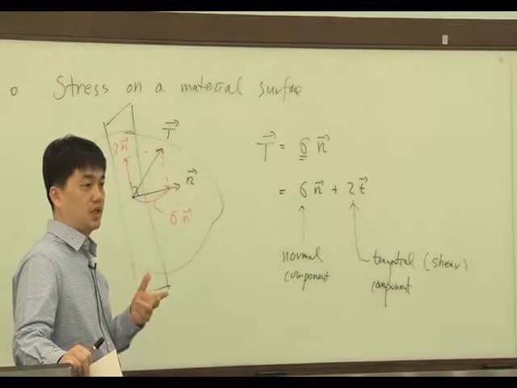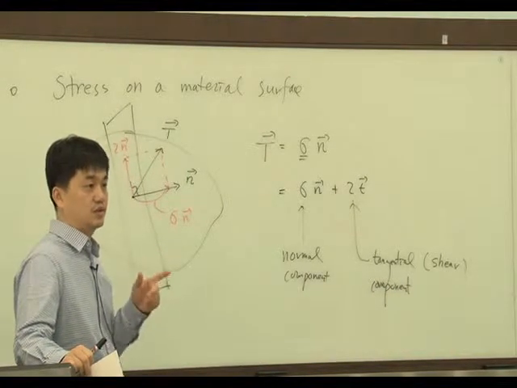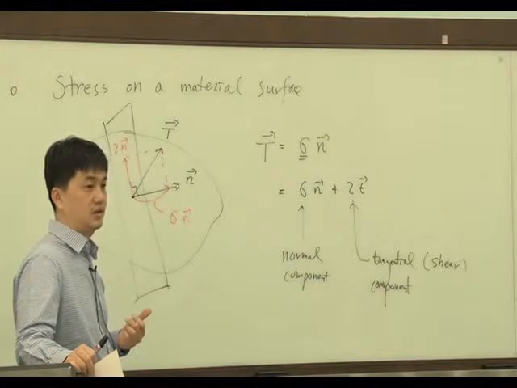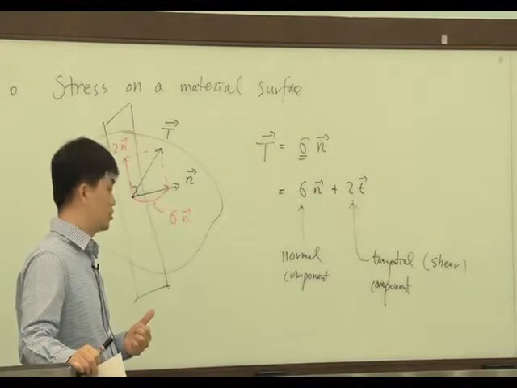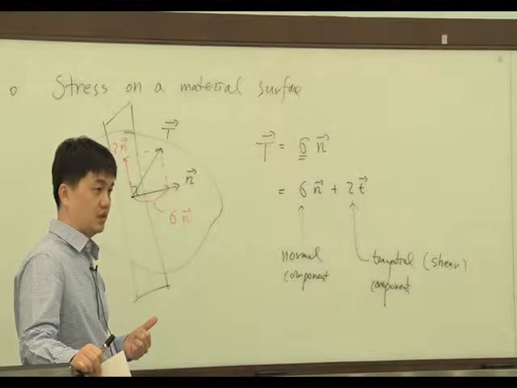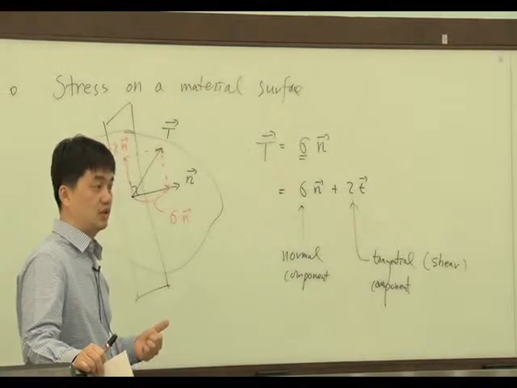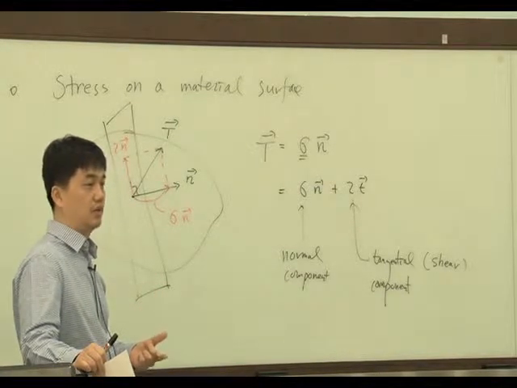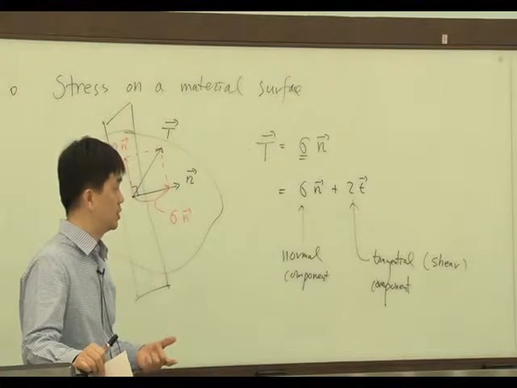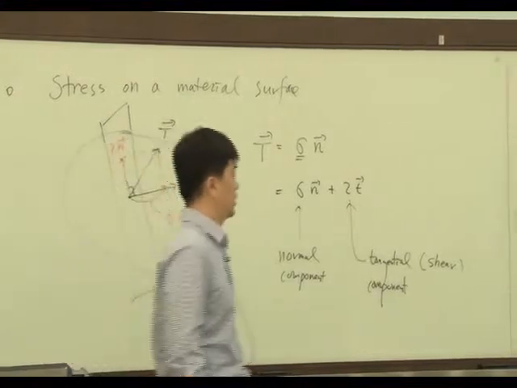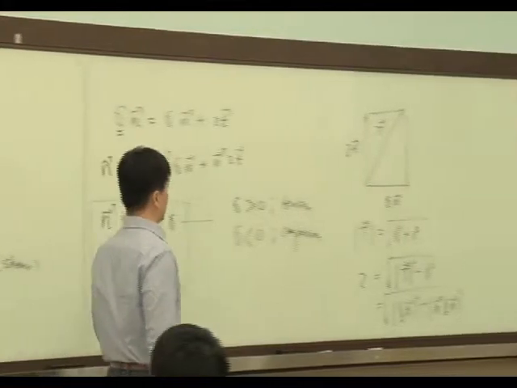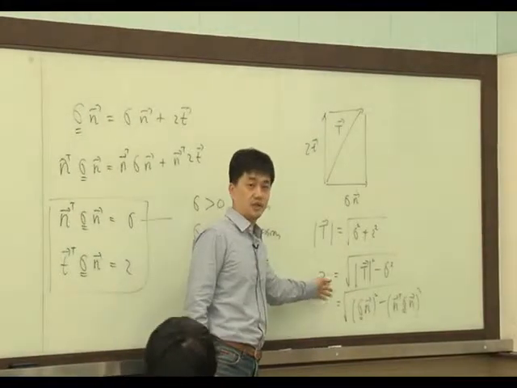We can decompose that traction into two parts, normal part and shear part. Then we can also calculate the magnitude of the normal part and the magnitude of the shear part. This is just the Pythagoras theorem, right?